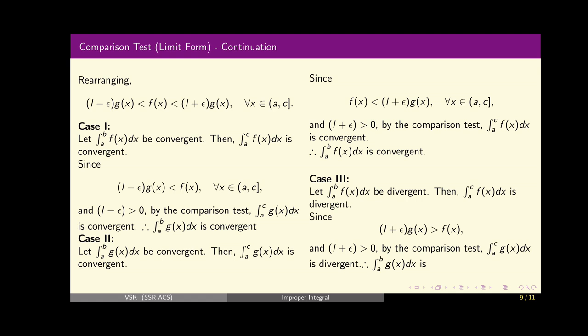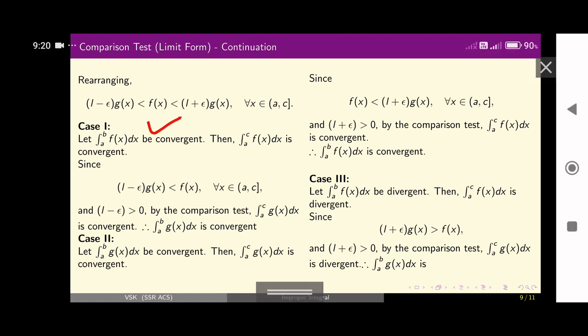If the integral from a to b of f(x) dx is convergent, let us suppose this, then the integral from a to c of f(x) dx is also convergent. And since (L minus epsilon) g(x) is less than f(x), that is, g(x) is dominated by 1 upon (L minus epsilon) times f(x), and L minus epsilon is greater than 0.